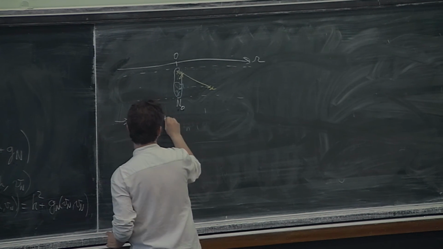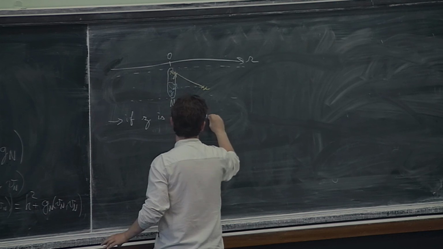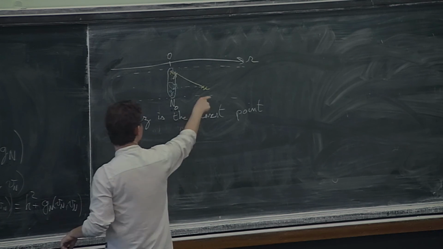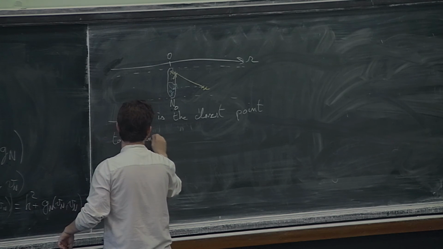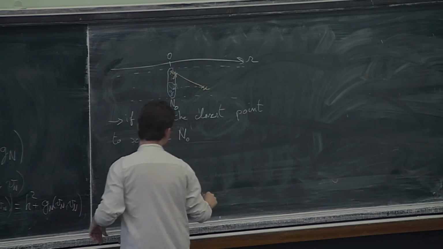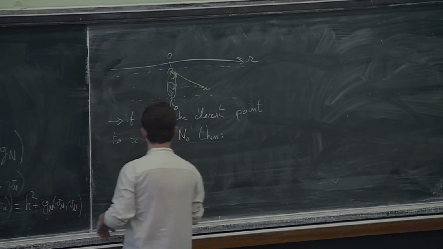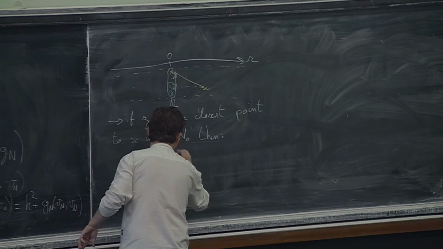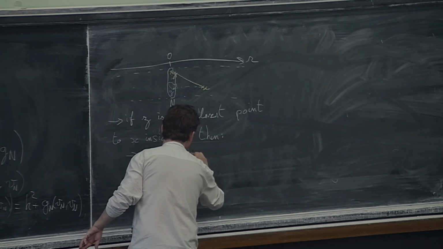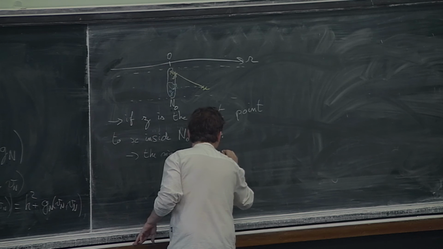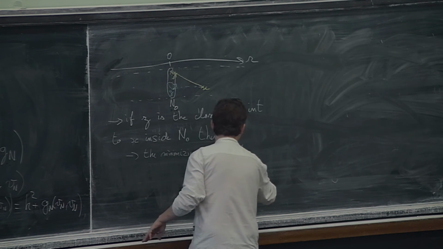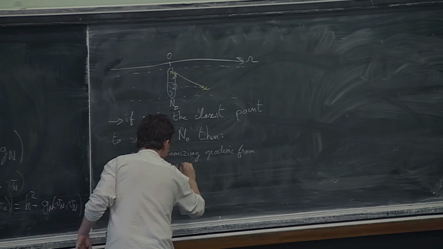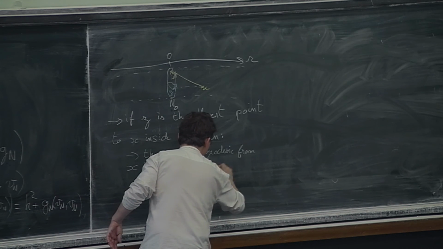So if z is the closest point to x inside n 0, then the minimizing geodesic from x to z meets n 0 orthogonally.